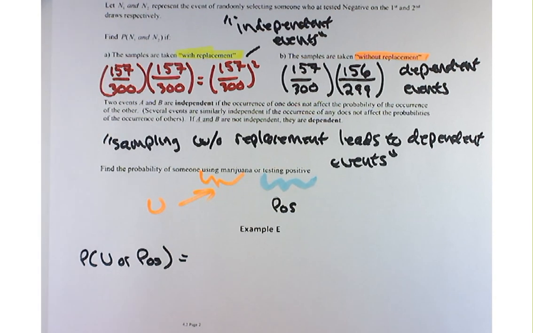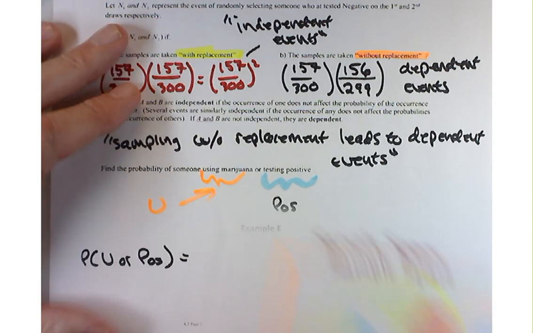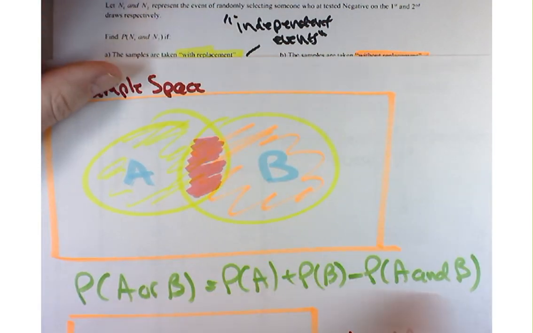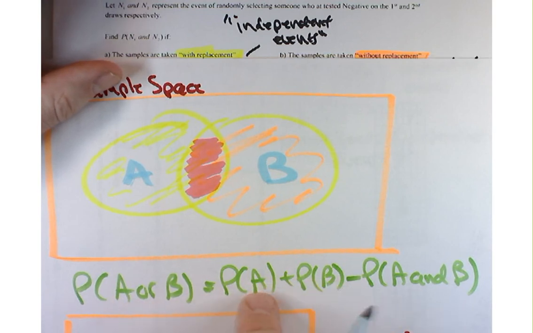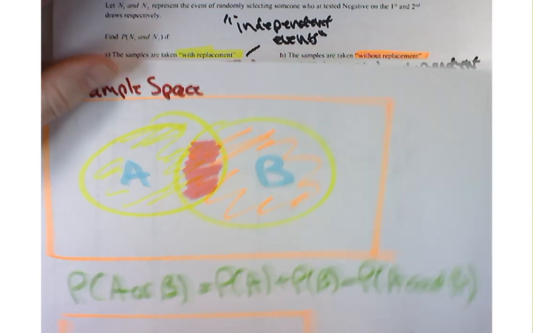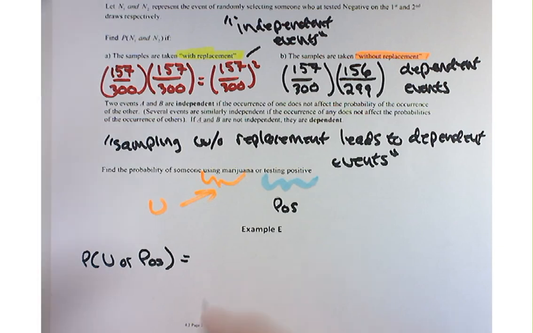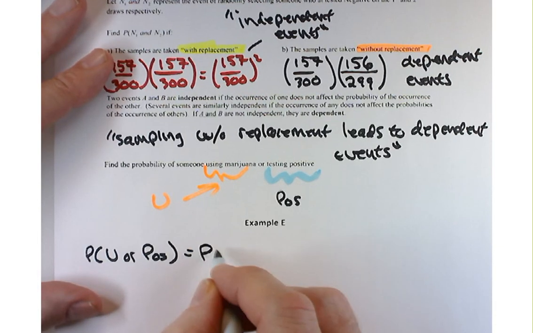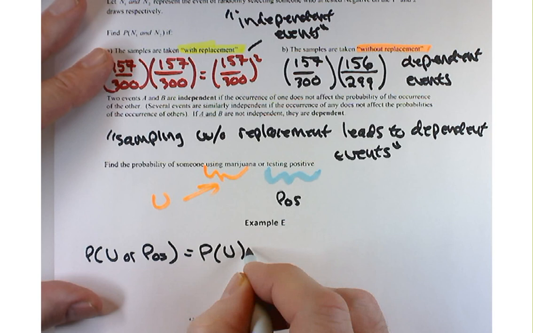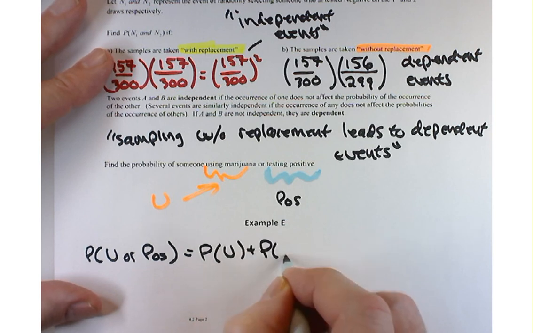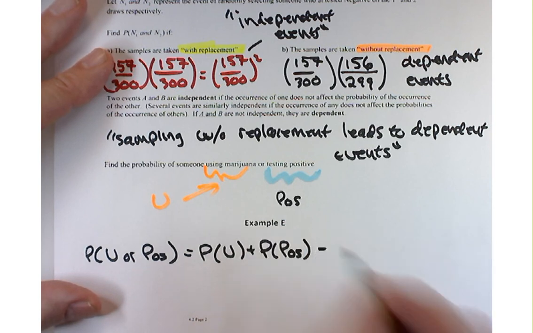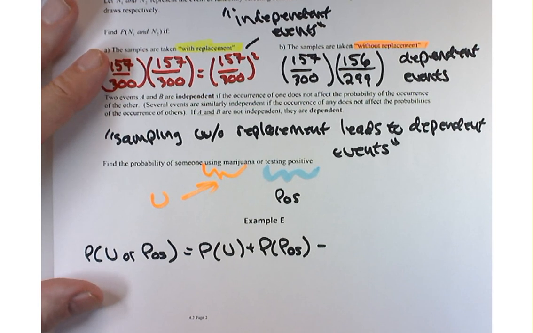Now, according to this little thing on the sample space that I did just a minute ago, probability of A or B is the probability of those two things summed, so probability of A plus probability of B, minus the probability of their intersection. So translating it here is going to be the probability of U plus probability of testing positive minus what?